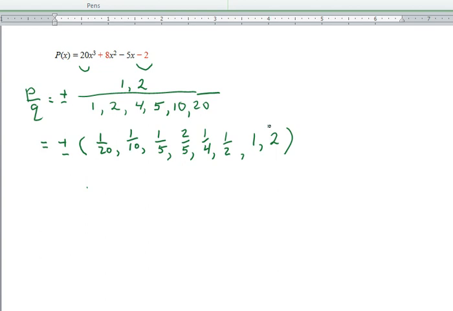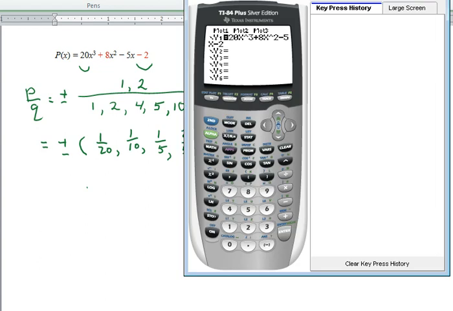So it should be sufficient when we choose our x min and x max to use -5 and 5. So I've already entered the function in the y equals screen.